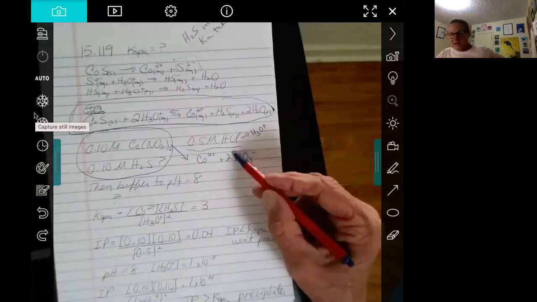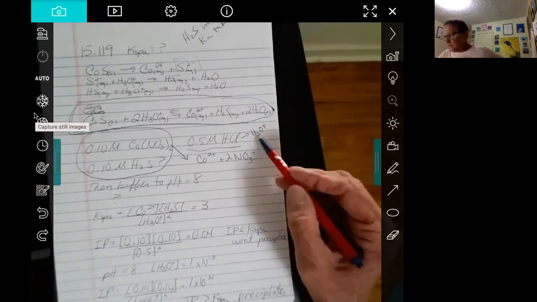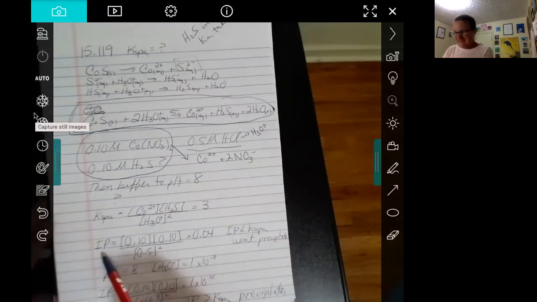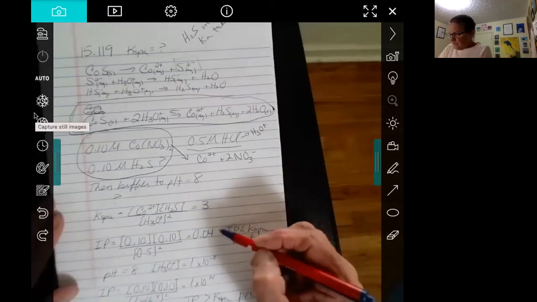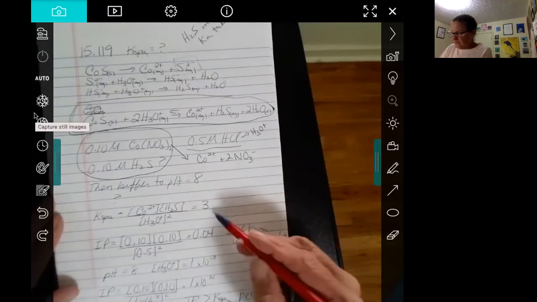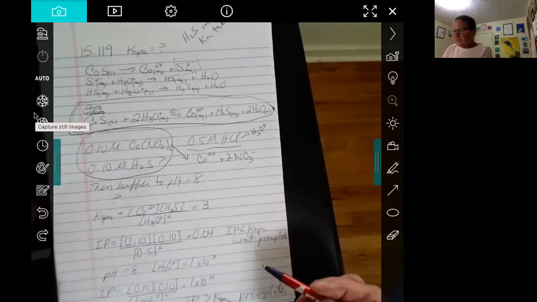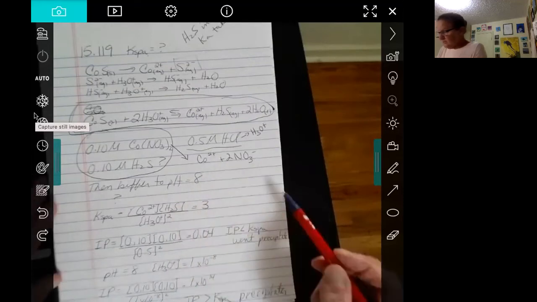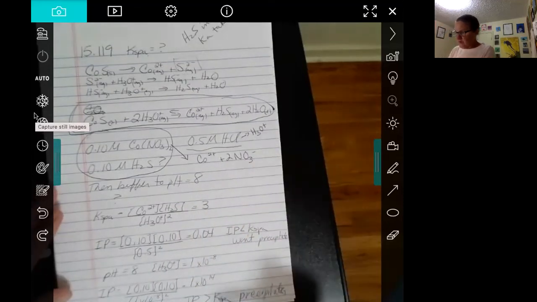We know that's a strong acid, so that means that the H3O plus concentration is 0.5 molar. So when I put those all in, this is just like a Q, but they call it an ion product instead of a Q. We can see which way the reaction has to go. So this says that the ion product is less than the KSPA. So under those first conditions of a relatively high H3O plus concentration, it's not going to precipitate. The cobalt is very soluble when the concentration of the H3O plus is so high.